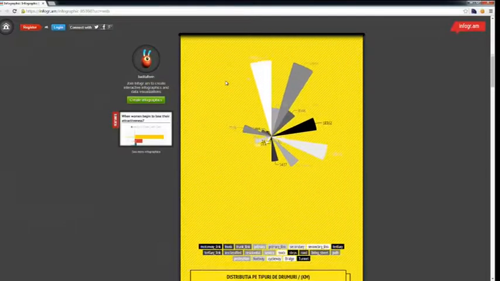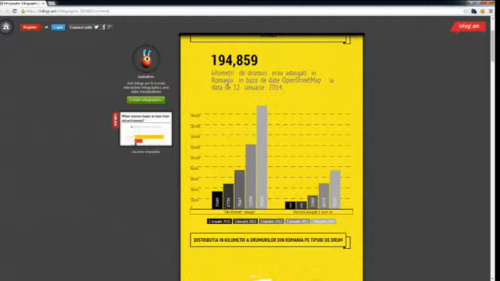But now we are trying to do something similar with this, but automatic, to have a database that will update each week and to see how many kilometers of road were added in the last week, how many points of interest, and a lot of different things, so that people can see in real life what's being added on the map, in which county of Romania, and other stuff like this, and also to kind of make a little gamification out of it.